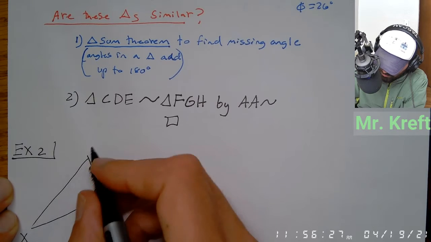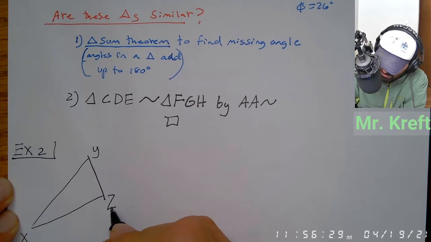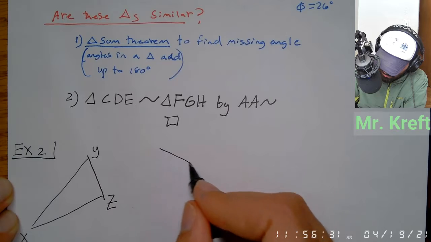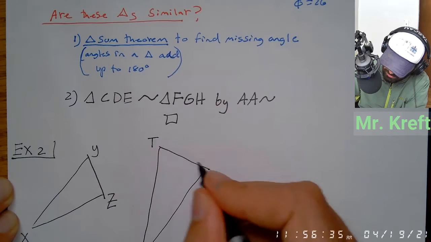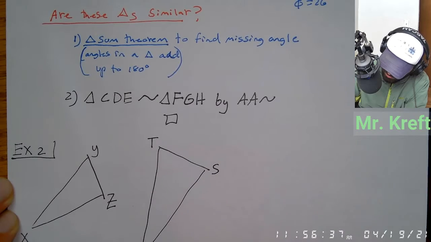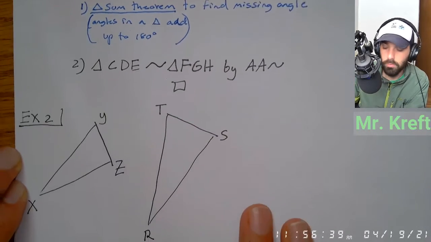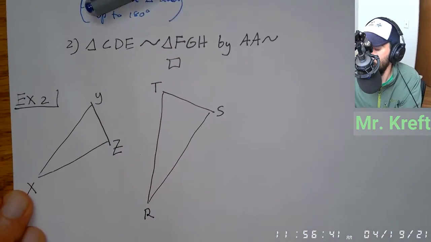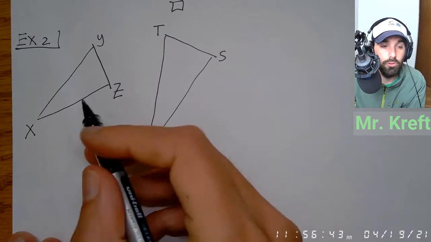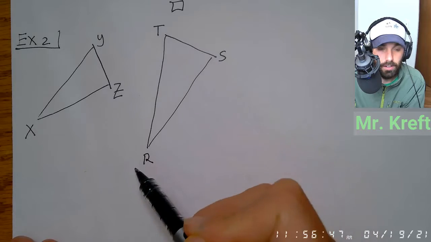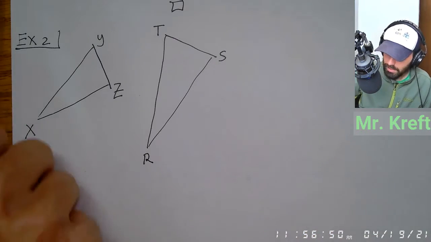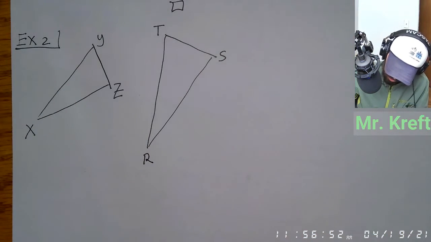So I have triangle XYZ, and I'm going to have triangle TSR. Okay, so I have triangle XYZ and triangle TSR, and I'm going to add in some angles.